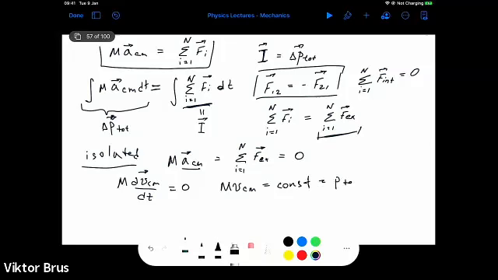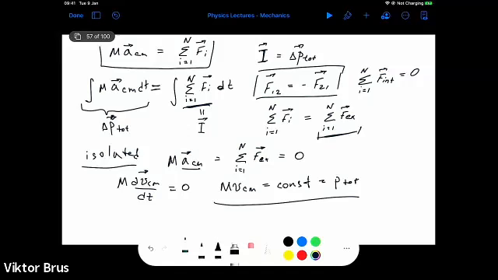So this is the conservation of linear momentum of a system of many bodies. It doesn't matter how many bodies we have in the isolated system, the total linear momentum of the system, which is defined as the product of total mass and the velocity of its center of mass, always remains constant.